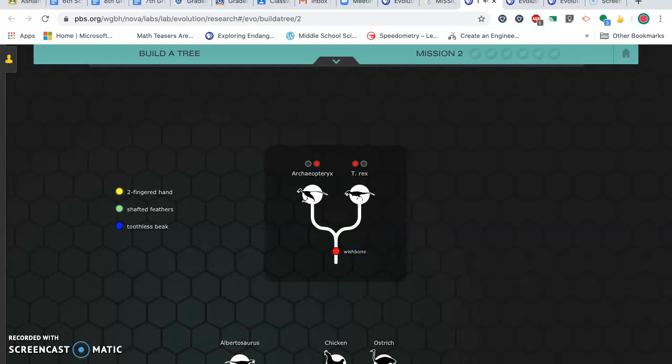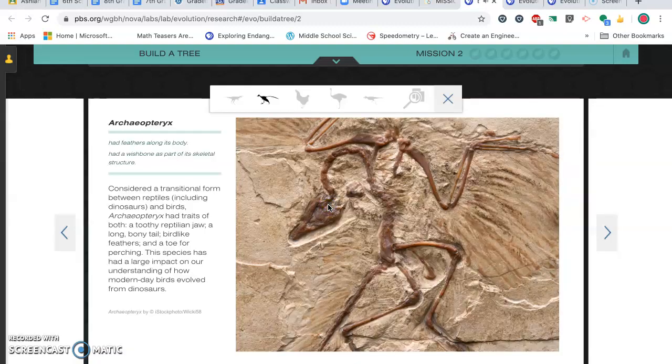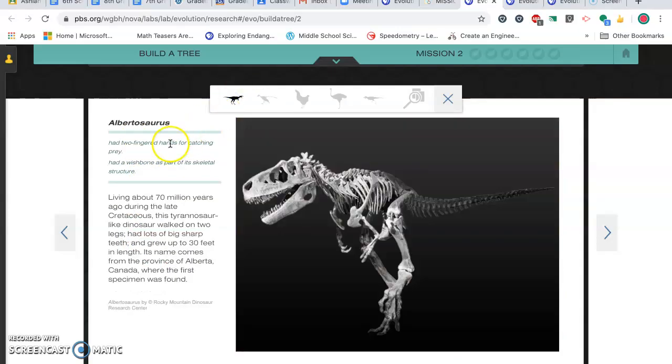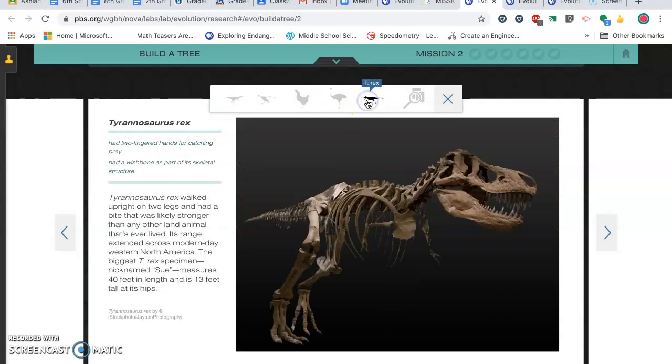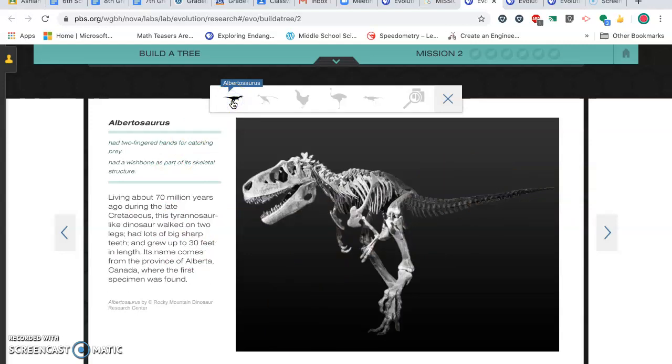All right, so now let's take another look. You're going to have to click on this a few times and see how they are the same. Well, this guy has feathers along the body. This has two fingers, and the T-Rex has two fingers. So the T-Rex and this first one, the Albertosaurus, both have two fingers.